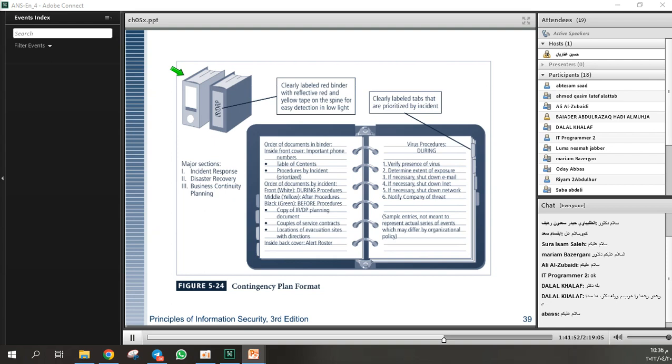And implementing those strategies and testing, revising them. After these plans are completed, I should document them, put them in specific books, something like this one, IRP and DRP.